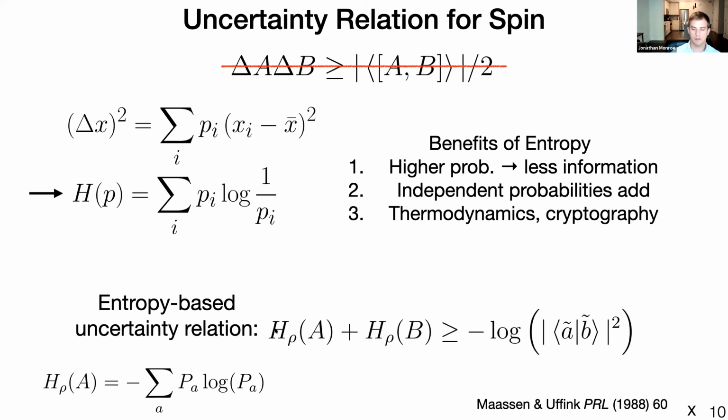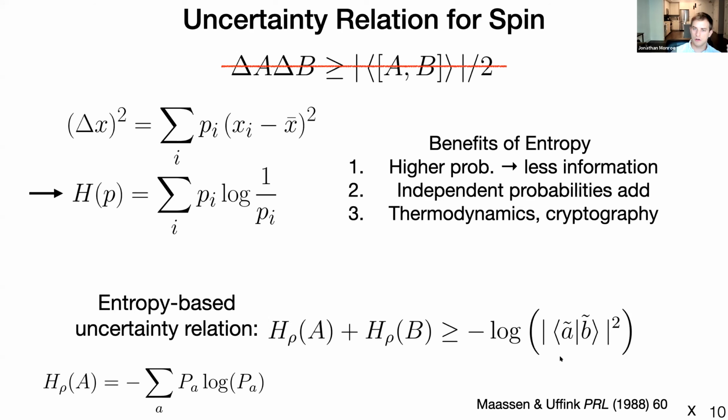The entropy of an observable is the Shannon entropy of the probabilities of each eigenvalue little a. And so we'll take a state, know what the probabilities of measuring the eigenvalues of the measurement operator are, and then take the Shannon entropy of that probability distribution.